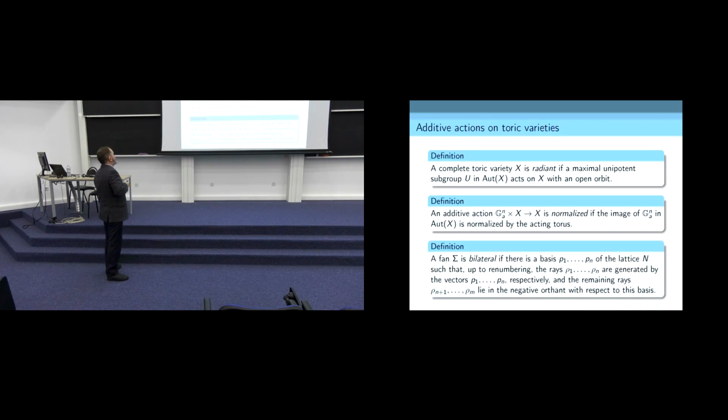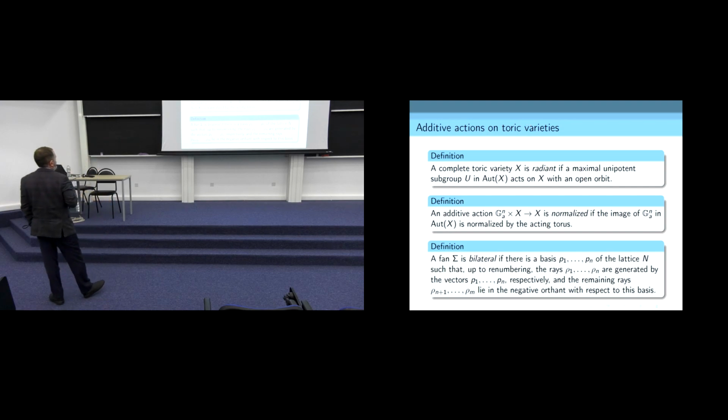Now I would like to say briefly about toric varieties. If we have a toric variety and we want to study additive actions, firstly, let me say that a complete toric variety is radiant if a maximal unipotent subgroup inside the linear algebraic group Aut X acts with an open orbit.